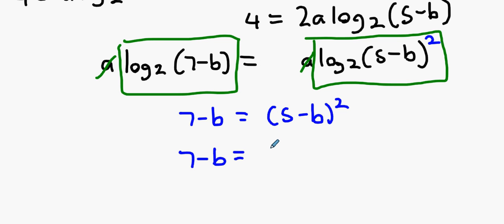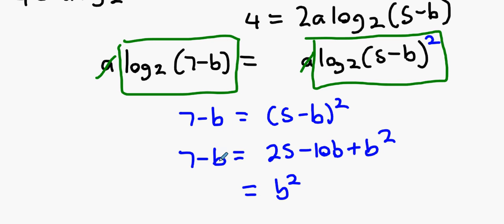They're very good. 25 minus 10b. What else? Plus b squared. B squared, minus 9b. And what's 28 take away 7? 18.